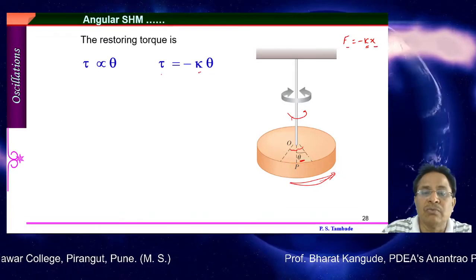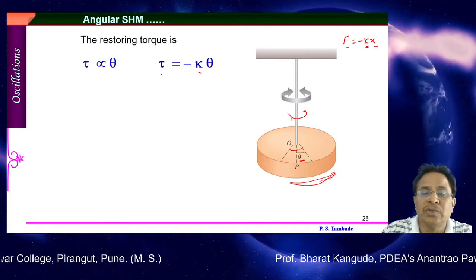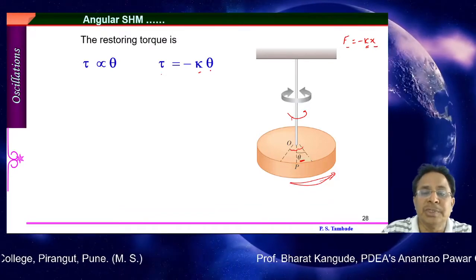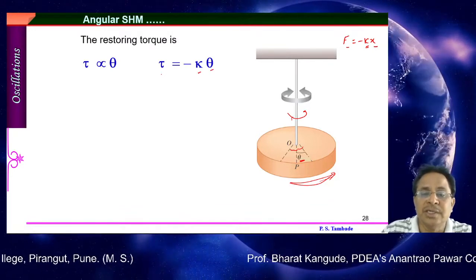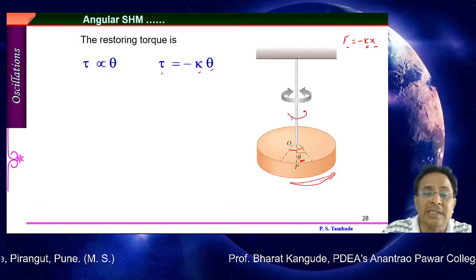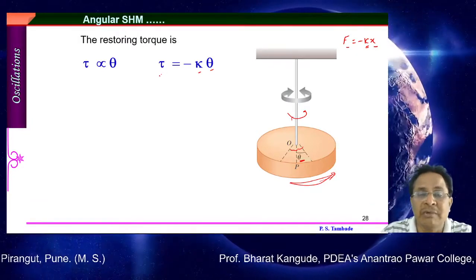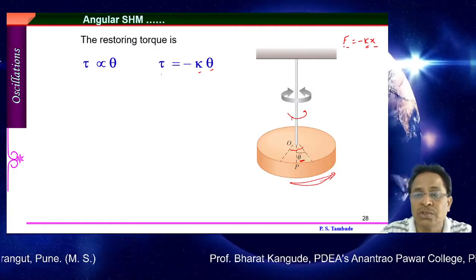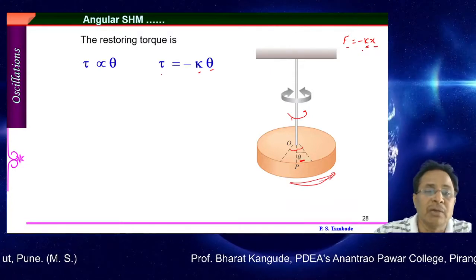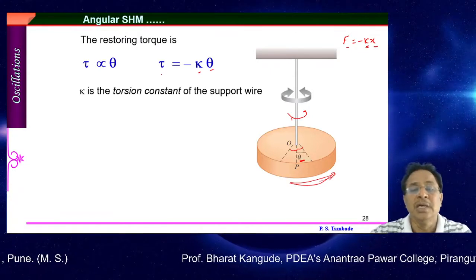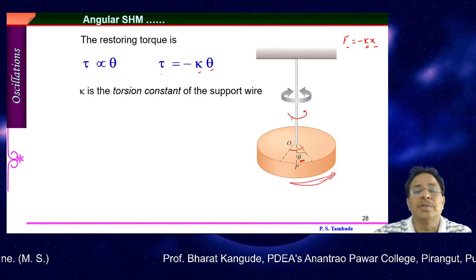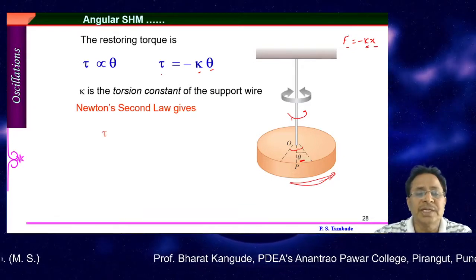This k is the torque per unit angular displacement. Torque is measured in Newton meter, whereas earlier it was simply Newton. This is the relationship for angular simple harmonic motion, provided k is a constant called the torsional constant of the support wire. Newton's second law gives here.